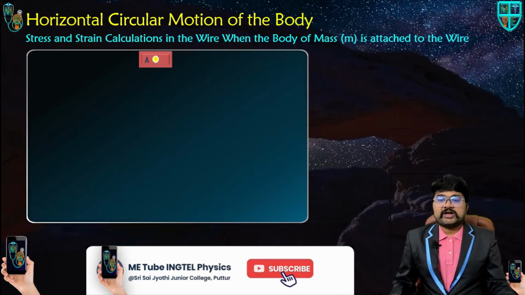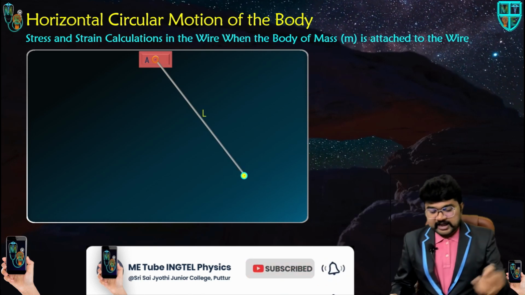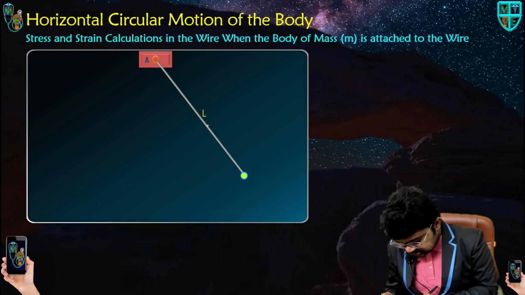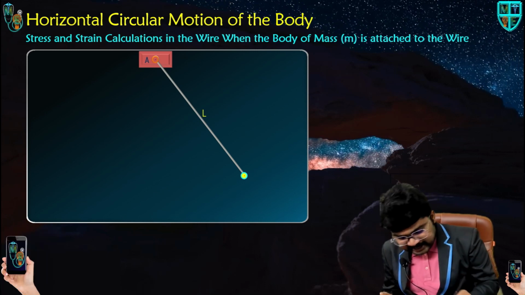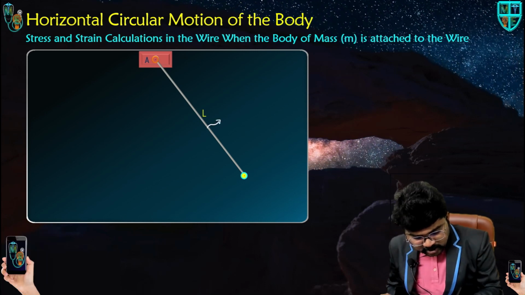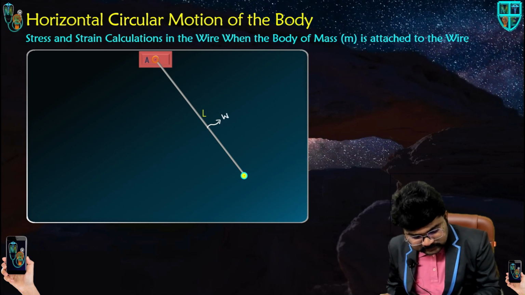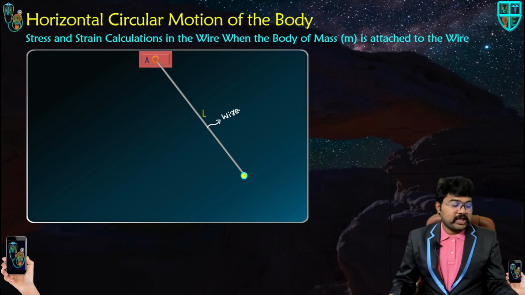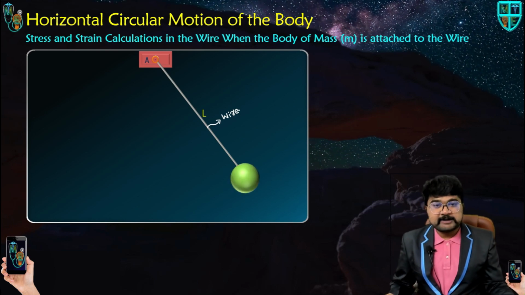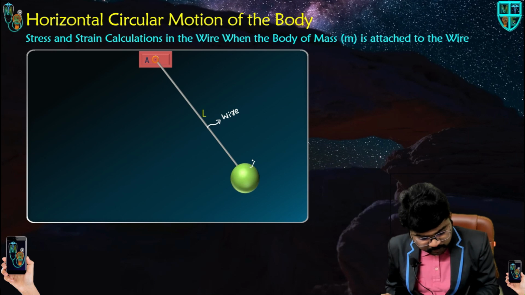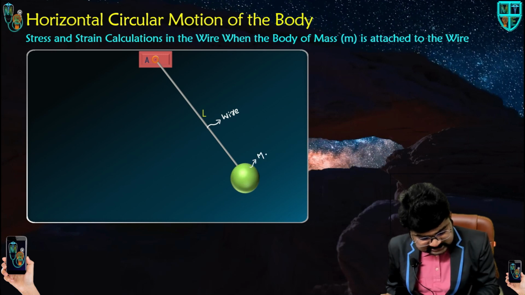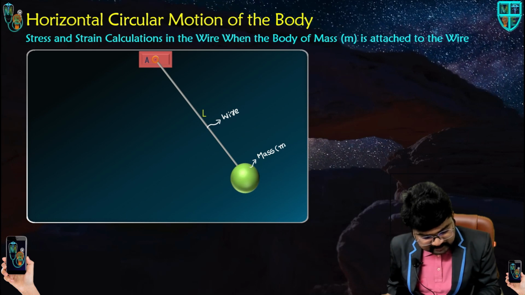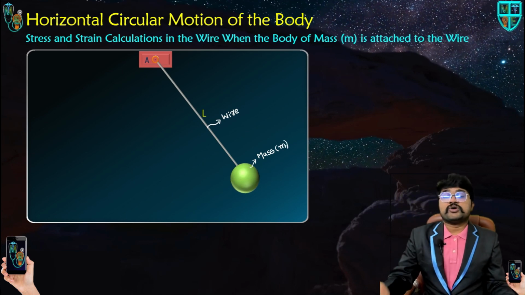See here, this is the wire, a wire of length L. A body of mass m is attached to the wire.